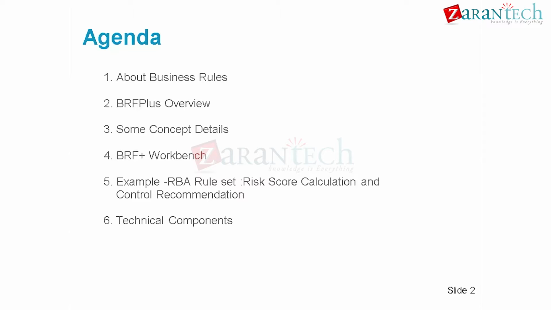For this type of on-the-fly agent determination for the workflow, we never know how the workflow will behave when an item is generated and goes for approvals. So in BRF Plus we can integrate our agent determination with the workflow.